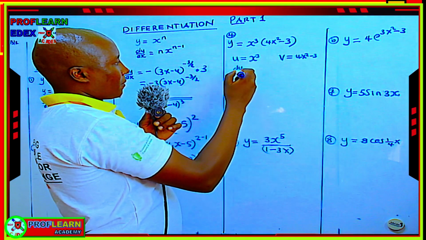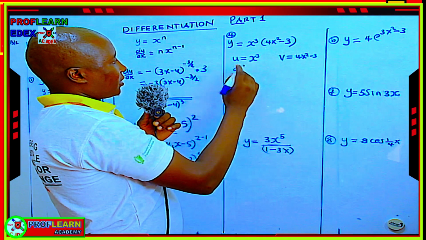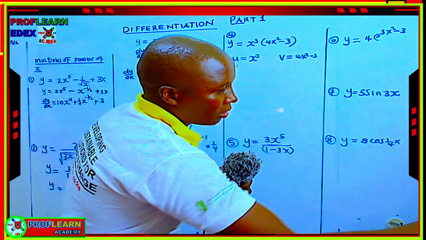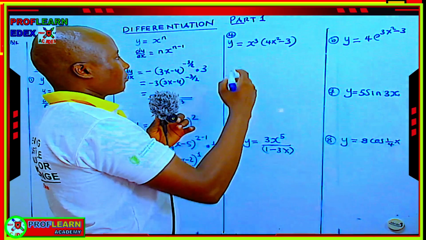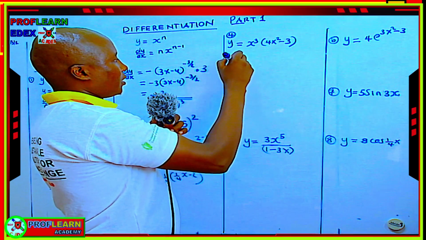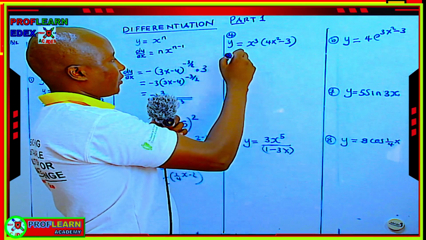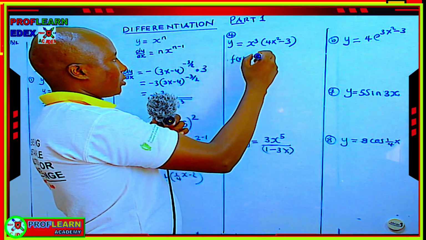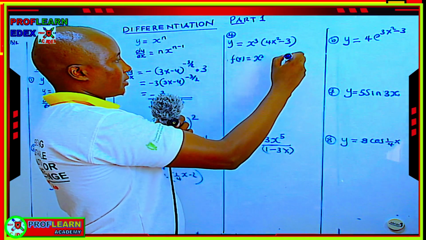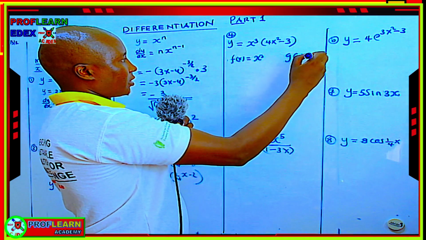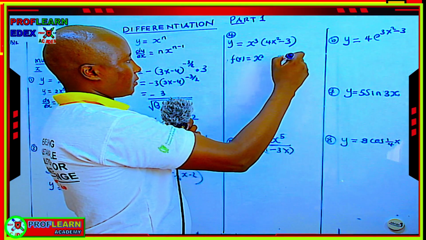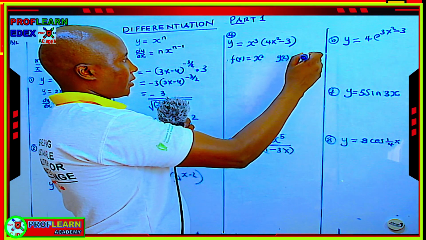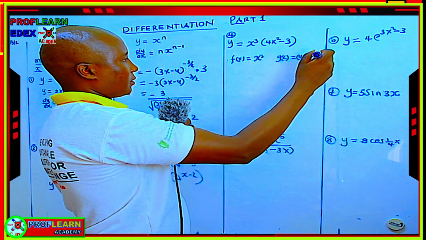So I can call this first function f of x equals x cubed. I can call this second function g of x equals 4x squared minus 3.